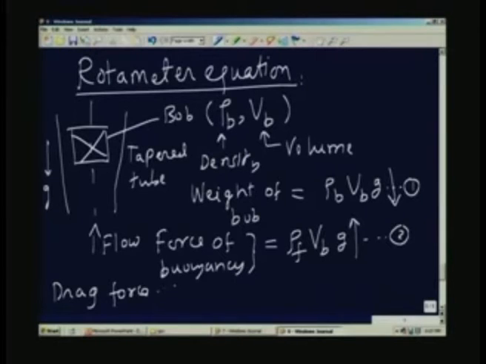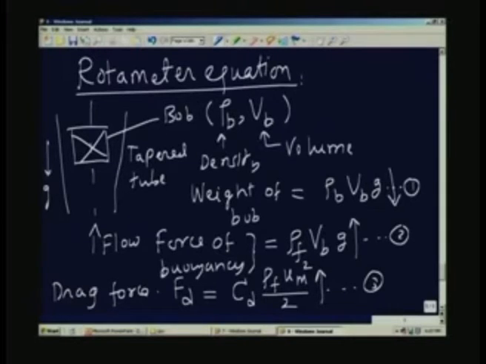This drag force, we will call it Fd, is equal to some coefficient Cd times the kinetic energy of the fluid, which is given by density into um squared by 2, all for unit volume. That is what we have done. So this force is also in the upward direction.